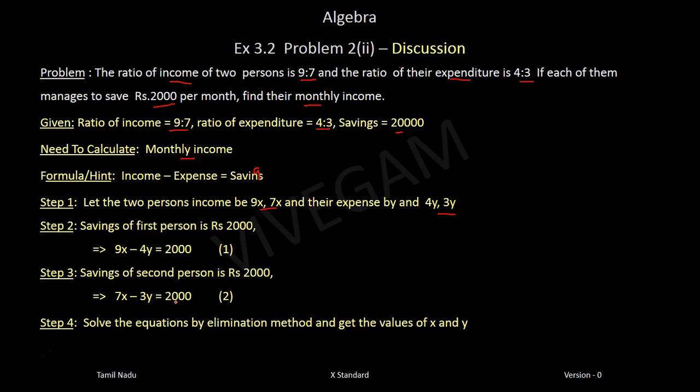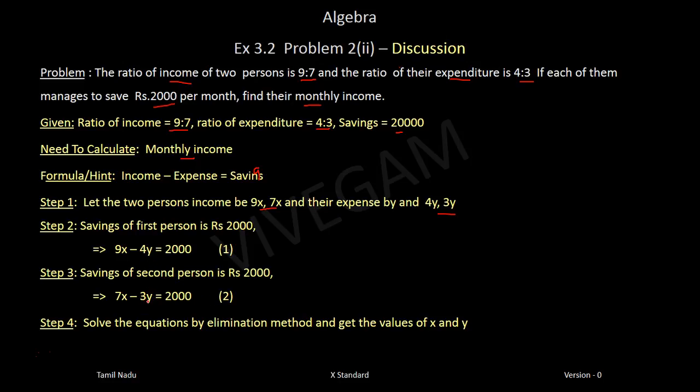Now, because these numbers are very big, it's not suitable for cross multiplication. We'll have to go by elimination. How will you eliminate? We have to bring the coefficient of x or y to be the same. The coefficients of y are relatively smaller, so multiply equation 1 by 3 and equation 2 by 4.